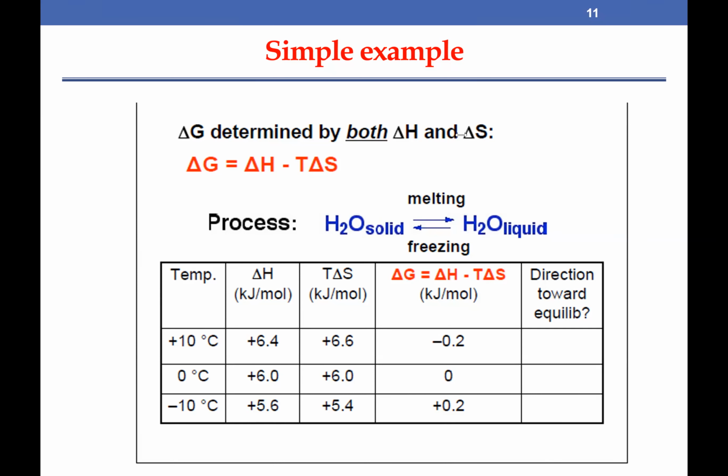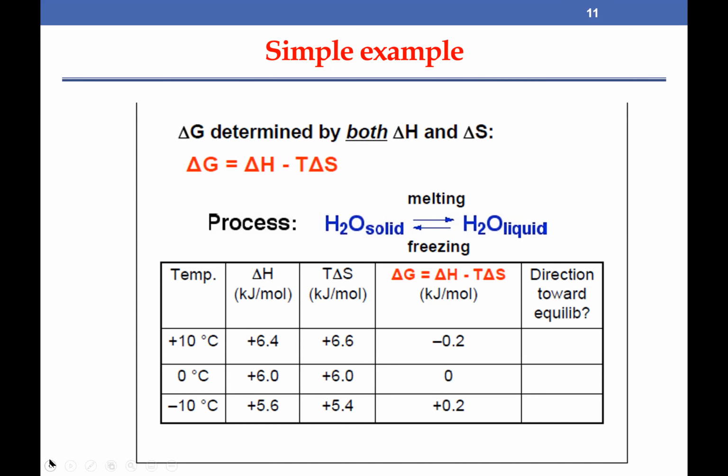All right. So at minus 10 degrees, we see that delta H is again positive, meaning it's an endothermic reaction. We're taking in heat from the surroundings. And then this is the value of T delta S, plus 5.4. When we calculate it using this equation, I get a delta G of plus 0.2, right?